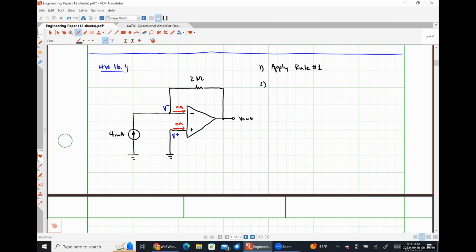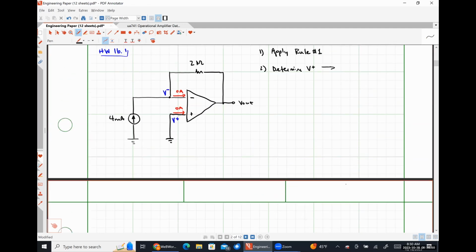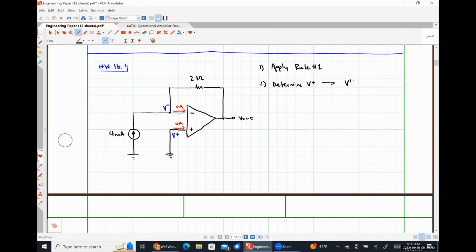We are then going to determine V plus. So I'm looking for a number here. What is the voltage present at the non-inverting input terminal of our op amp? 0, because it's shorted directly to ground.